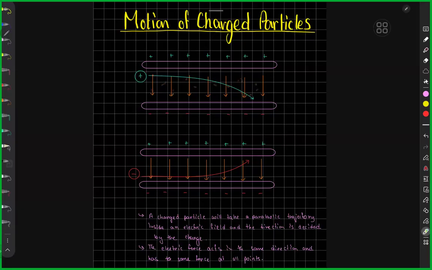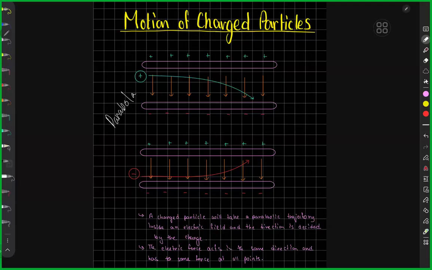So what happens when I launch a positive charge or a proton from here exactly straight up? What is the motion of this positive charge? It bends towards the negative charge. The trajectory of this proton is a parabola.